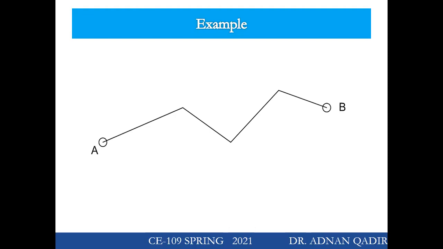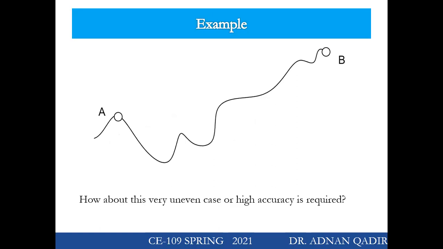Now, for instance, this is the uneven ground you have to measure. How are you going to measure this uneven ground, or even this ground? And obviously, when you are measuring distance, you always want to measure it as accurately as possible for your given instrument.